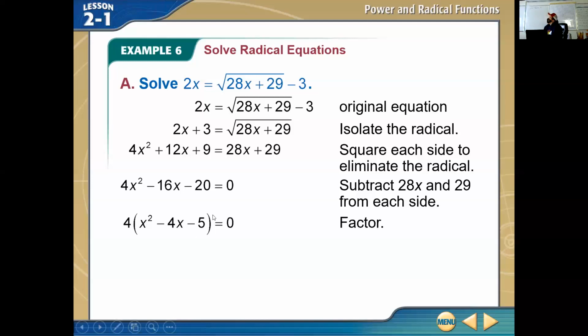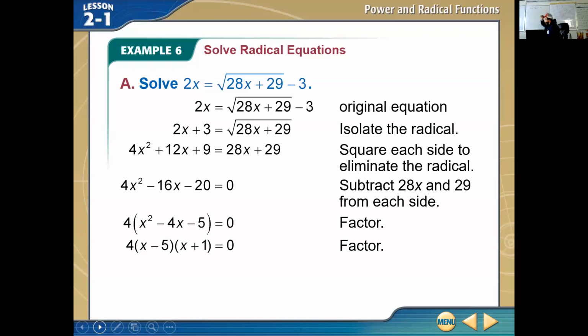And then once again, we're going to factor this trinomial. We're looking for 2 terms that multiply to equal negative 5x squared and add up to equal negative 4x. So that is x plus 1, x minus 5. Factoring this trinomial: x plus 1, x minus 5.